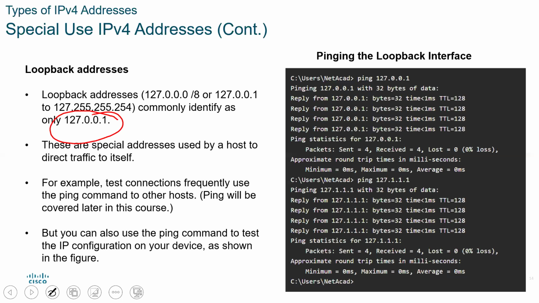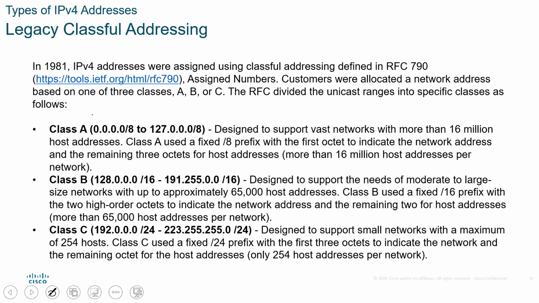Whether you are connected to the network or not, if you just ping 127.0.0.1, you will get a reply. That reply tells you that your network interface card is functioning. So that is it. Then you have what we call the legacy classful addressing.